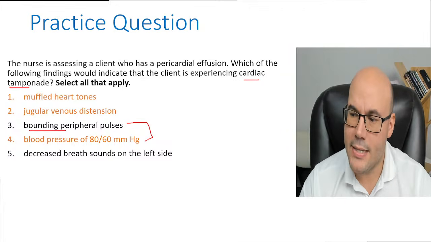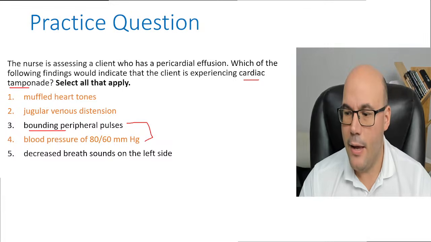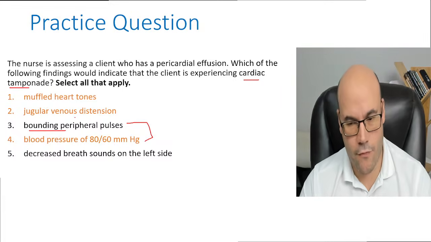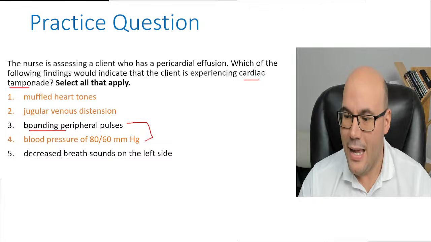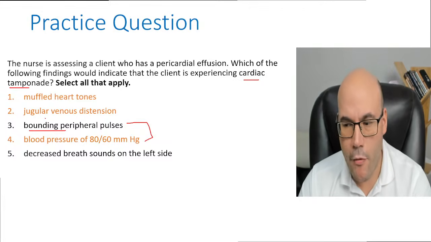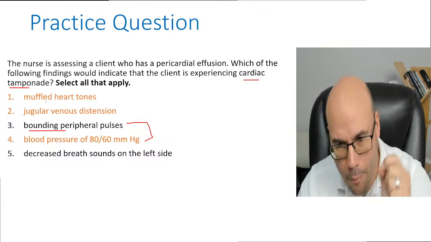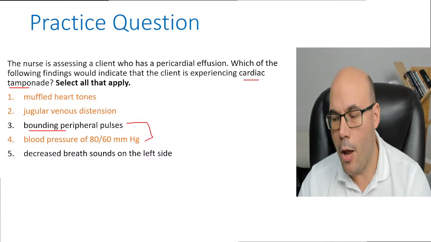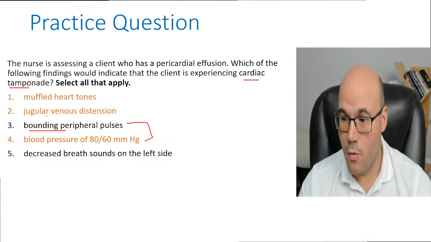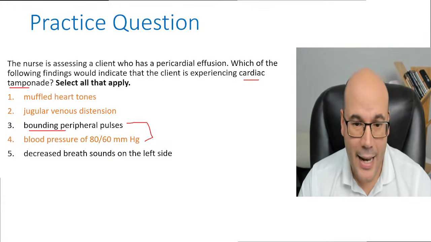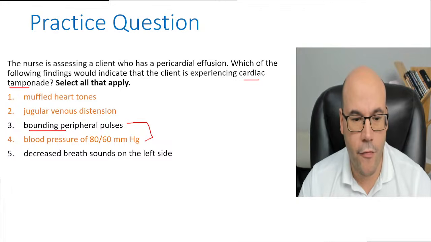So if we already selected that we can see a jugular venous distension from the accumulation of fluids, and we can see those symptoms similar to heart failure, then bounding peripheral pulses is opposite to a blood pressure of 80/60. So one of them is incorrect. We already said that we're likely to see not bounding peripheral pulses, but we would usually see what kind of pulse?